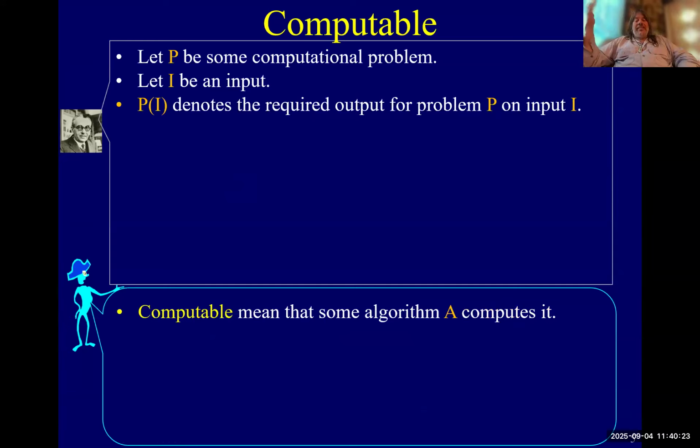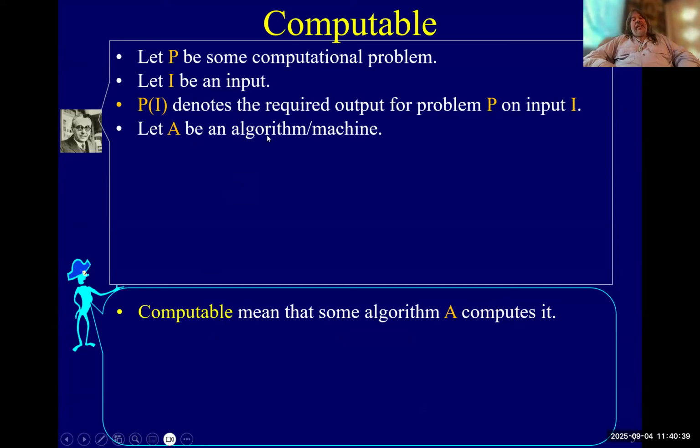Then we want to say, what does it mean for a computational problem P to be computable? It means some algorithm can compute it. So let A represent an algorithm. Often we'll use M for a machine, because Turing designed Turing machines, and so theory people often use M for machine, but it's the same thing.